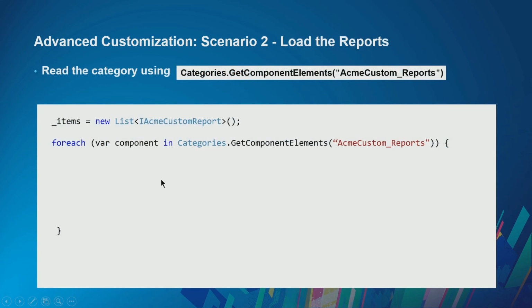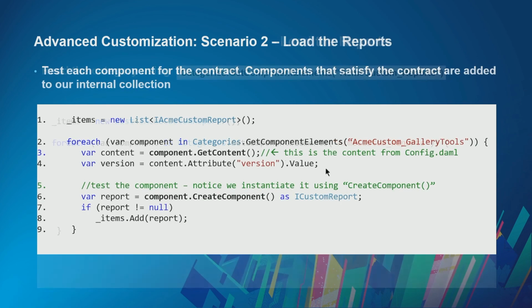So here in this code snippet, first we load our components. We use the get component elements method, pass in our category name, Acme Custom Reports, and we load our components, and we're going to iterate through each one of them. Here is the full snippet. We use the get content method and get our content element just like before, and then we get all the attributes of the content element such as version.